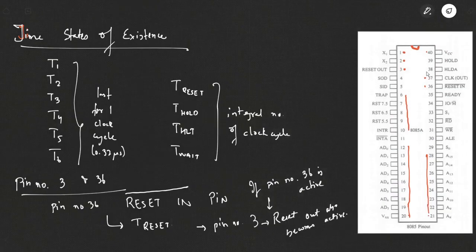So we are done with pin number 38 and pin number 39. Both are externally initiated signals. Pin number 3 is an outgoing signal rather. And pins 6 to 10 are also externally initiated signals.